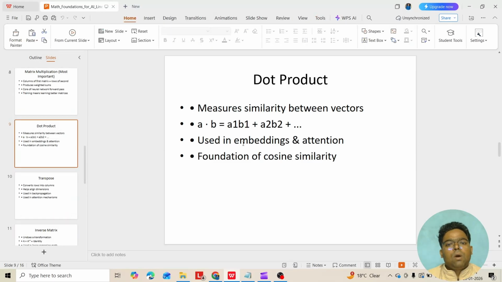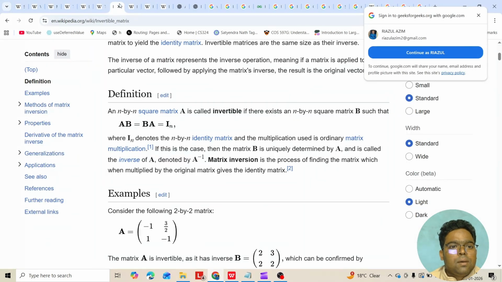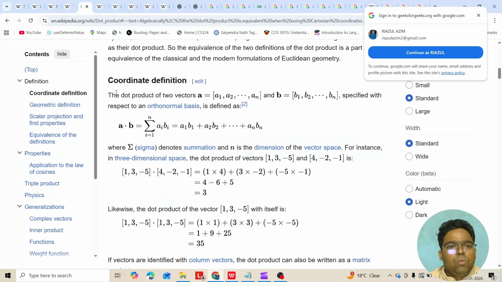Next I will talk about dot product and transpose. I will show the dot product in Wikipedia. Let's say I have two vectors, a equals a1 a2 dot dot dot an, and b equals b1 dot dot dot bn.